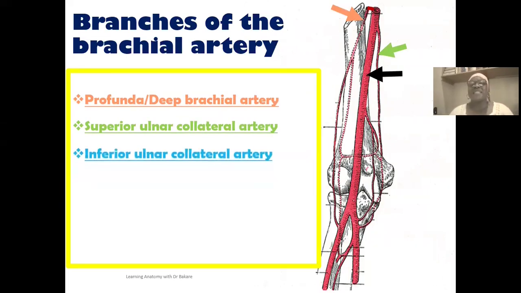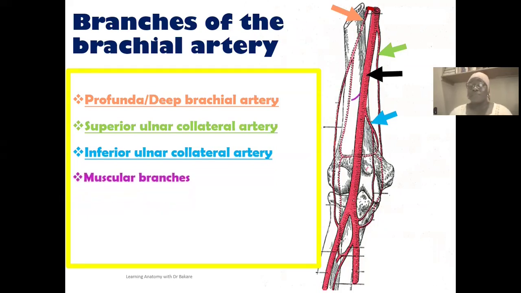Then inferior to this artery, we have the inferior ulnar collateral artery, which is also seen on the medial side, of course located inferior to the superior ulnar collateral artery. And this is what is arrowed here in blue. The brachial artery is seen to give off a number of muscular branches, and this is what is highlighted here in this image. Then we have the nutrient artery of the humerus, which of course provides the arterial supply to the humeral bone itself.